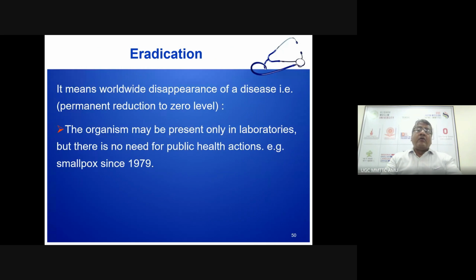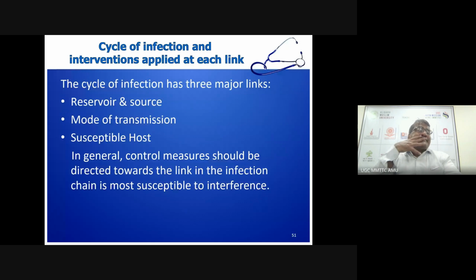It is a permanent reduction to zero level. The organism may be present only in laboratories, but there is no need for public health actions, like smallpox since 1979. Smallpox is no more worldwide, but it is present in the laboratories.